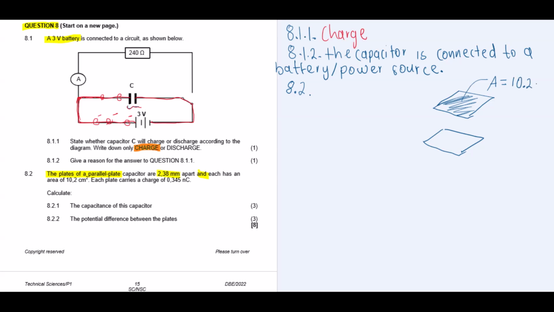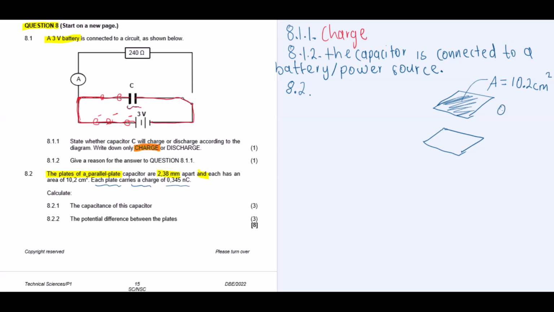So we always have the area of the plate here, and I think the area was given. Yes, the area was given, it was 10.2 centimeters squared. In this situation, the area is not given in meters squared, so we may need to do the necessary conversions to convert it to meters squared, right?